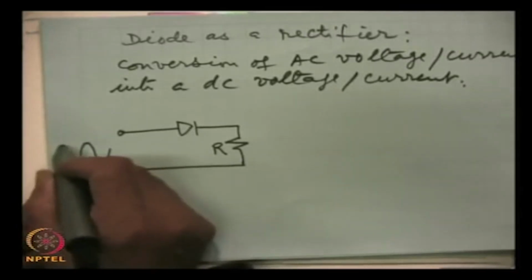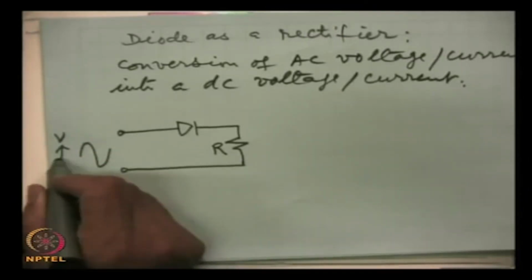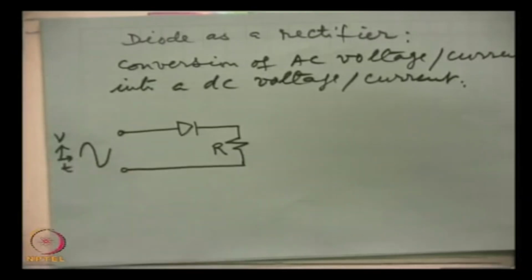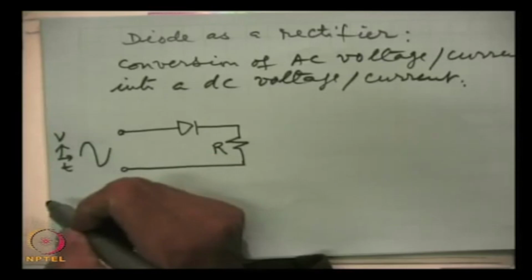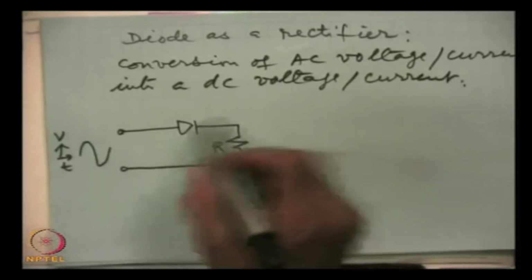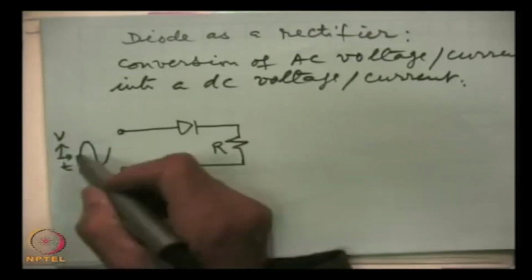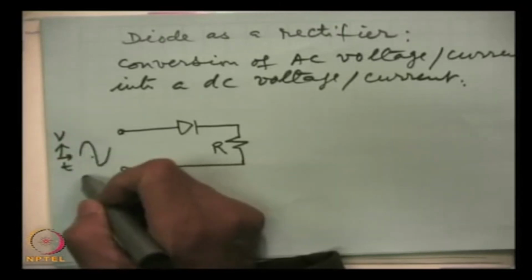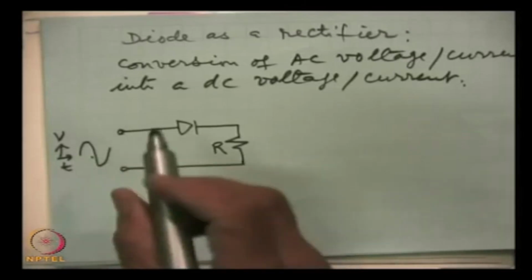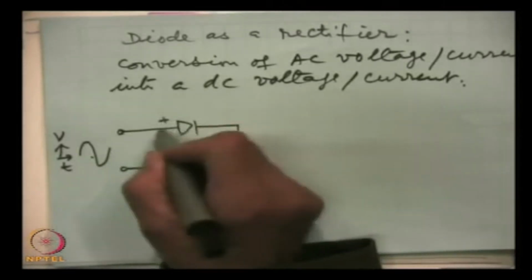This is the voltage axis and this is the time axis. So, this is the AC signal which we are applying here, and what will happen? The positive part of the input signal will forward bias the junction.